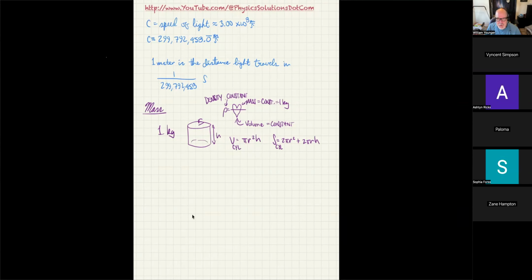Only you can't be sure it's minimized because there's a second test you have to do. Hopefully I'll remember what that is, but I'm getting ready to tell you. So the other part of the extra credit is, once you find that relationship between the radius and the height of that cylinder, you have to confirm that it is in fact a minima, not a maxima, and not a point of inflection. So what you then do is take the second derivative of that surface area. Remember, the surface area still has to be one variable.